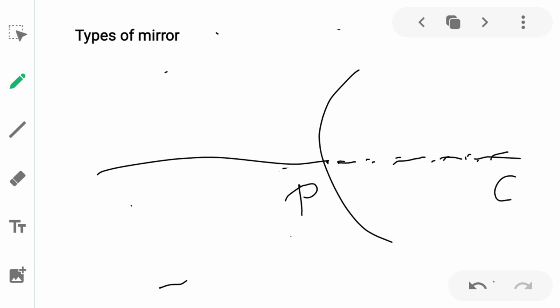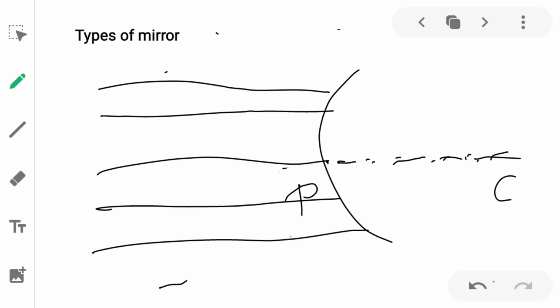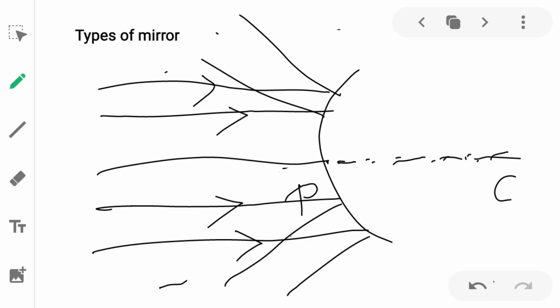Now, when the paraxial rays are incident on a convex mirror, after reflection, they diverge from each other. They never meet each other at all.